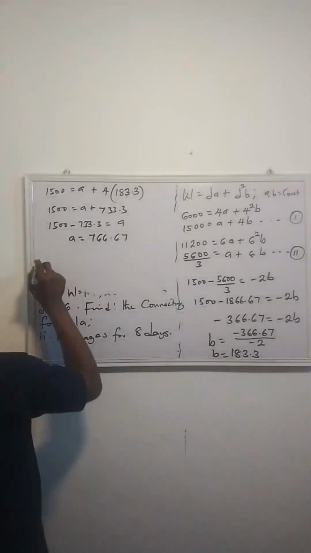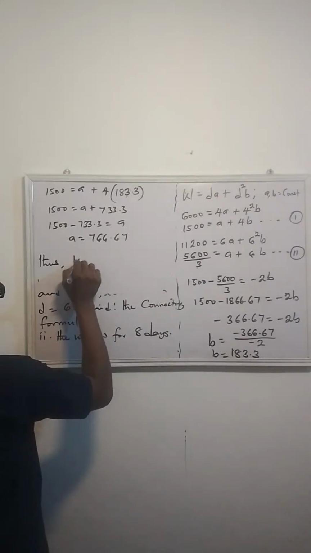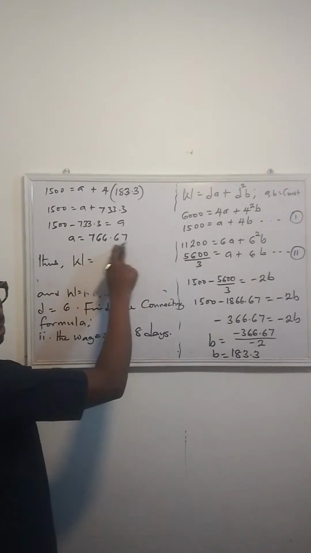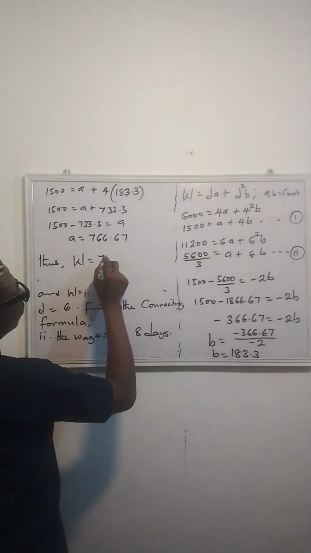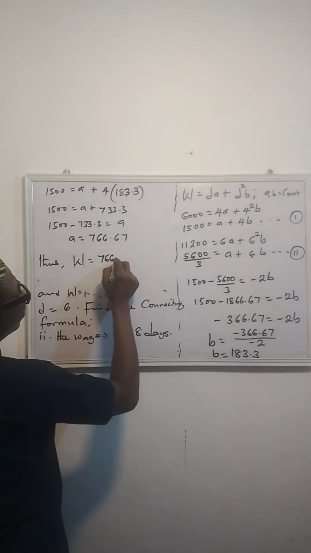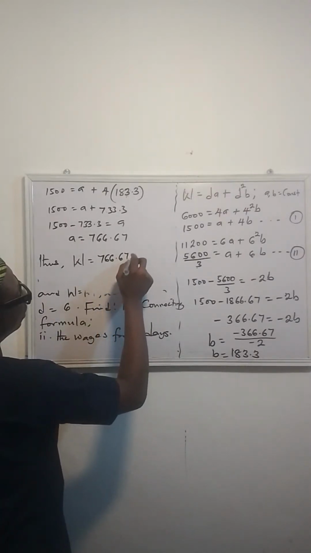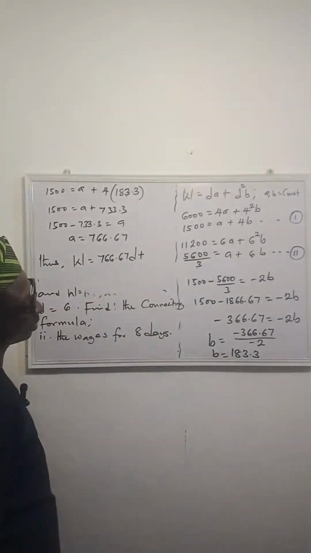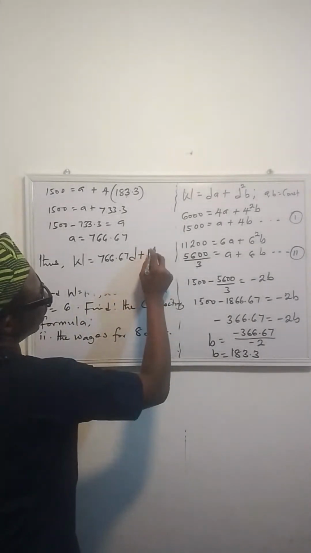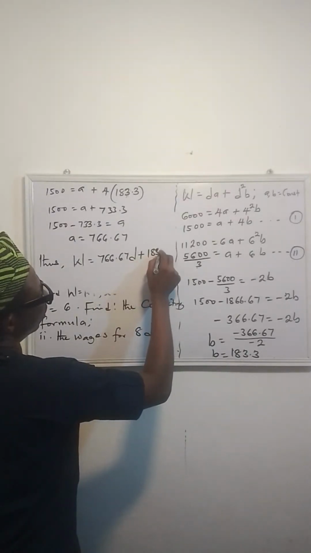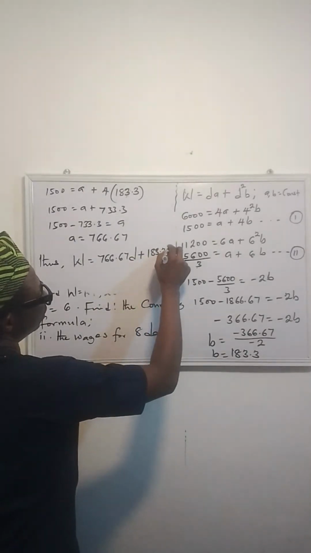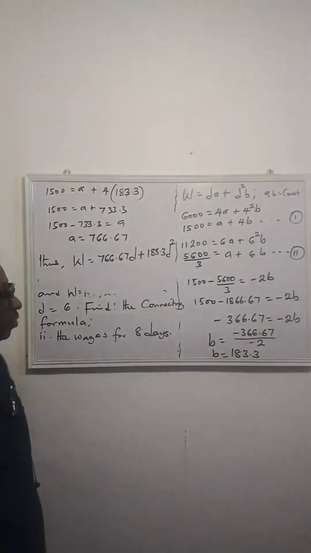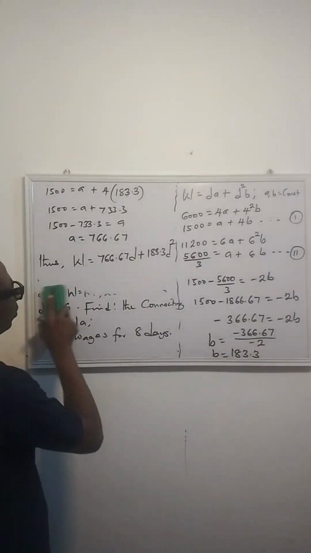We have W equals D times A, so we have 766.67 D plus, now what is B? 183.3 D squared. Okay, so that is what we have for the connecting formula.